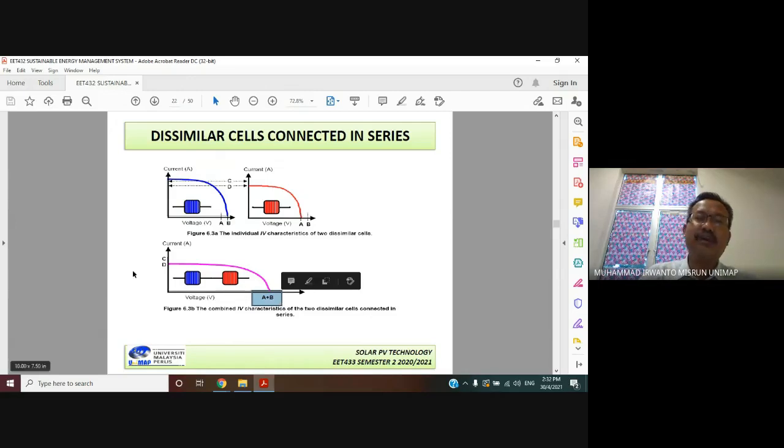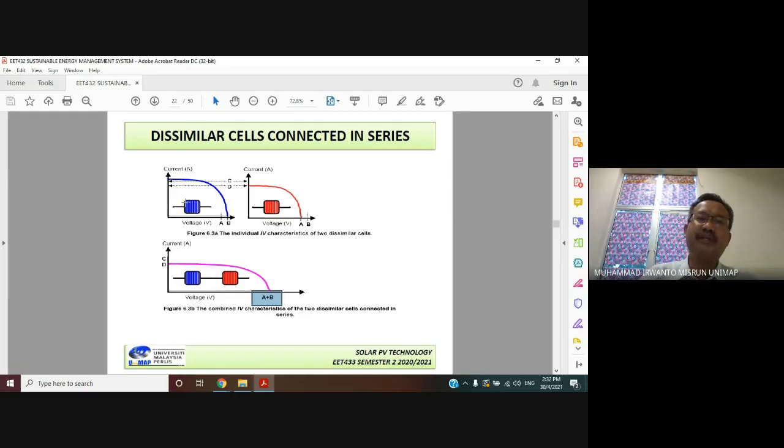Meaning we compare the blue PV cell, whose current is C amperes, and the red, whose current is D. The total current when PV cells are connected together in series, for different data sheets, will take the lowest current.